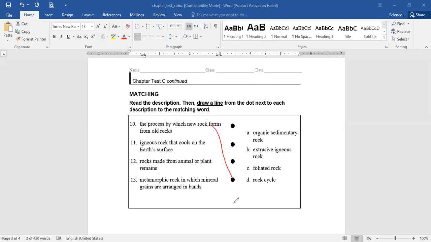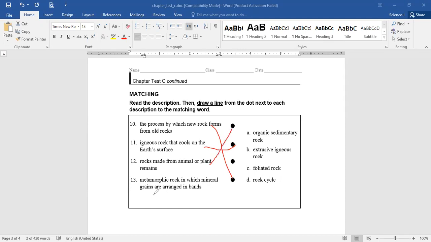Then igneous rock that cools on the Earth's surface is extrusive igneous rock. Rocks made from animal or plant remains are organic sedimentary rock. Good.